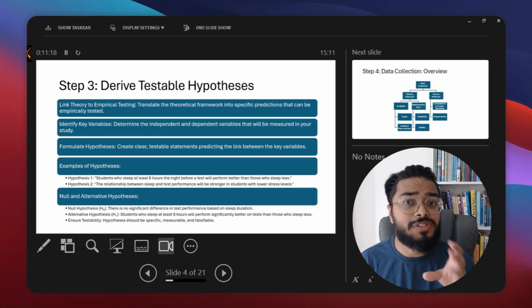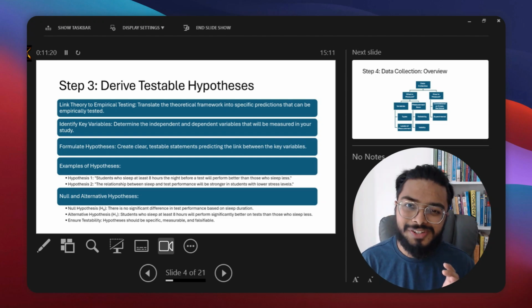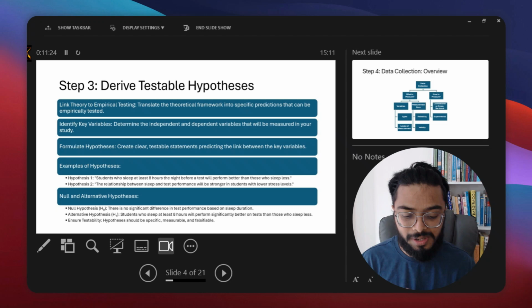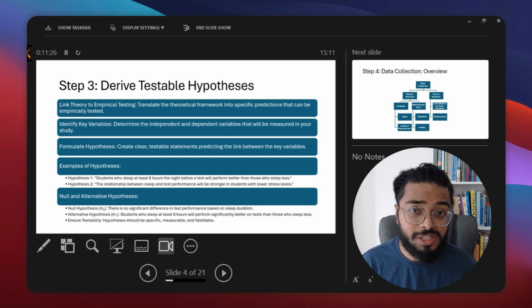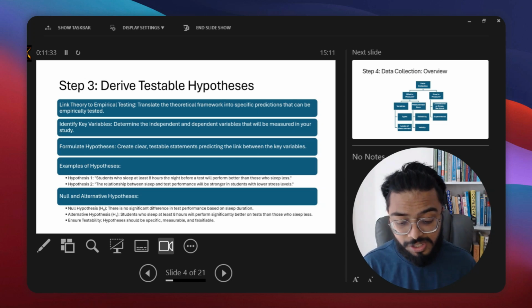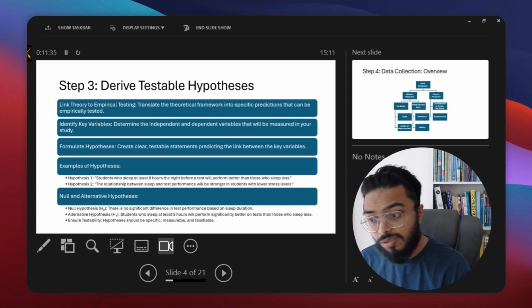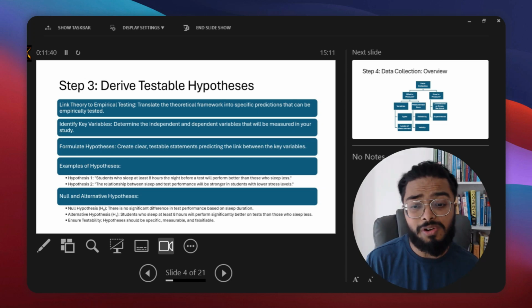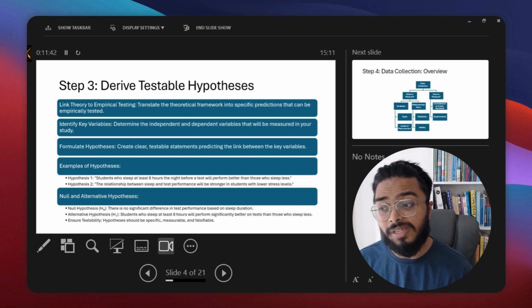The other one, which is the opposite, which we secretly love, is the alternative hypothesis, because this is the actual thing that you are testing. It suggests that there is an effect or a difference. So the alternative hypothesis here would be students who sleep at least 8 hours will perform significantly better on test than those who are sleeping less.